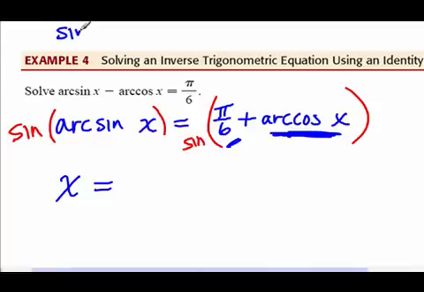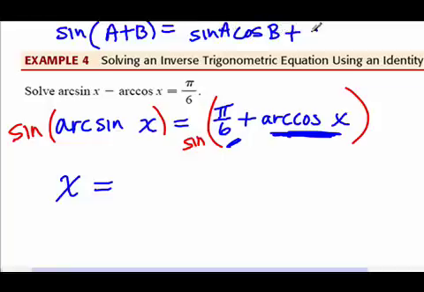The sine of a plus b is sine a cosine b plus sine b cosine a. That's what we're going to use on the right-hand side. A will be pi over 6, and my angle B is this arc cosine x.